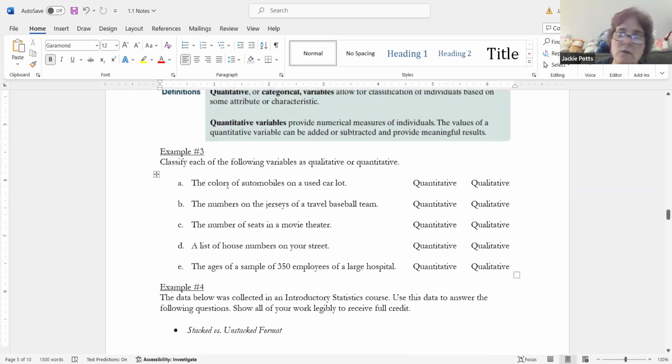The colors of automobiles. Already hit that. Can we measure color? The answer is no. So it is qualitative. The numbers on the jerseys of a baseball team. Do the numbers actually represent anything? Think about that. Do we add and subtract those numbers, or is it just a way of identifying players?